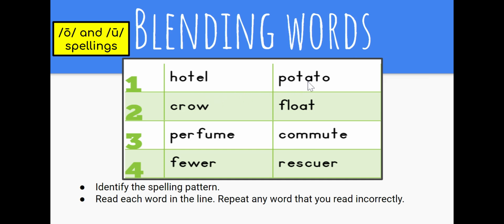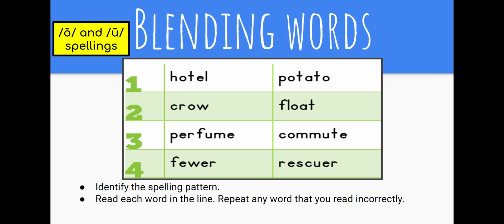Let's start in line 1 and then move down to line 2. Here we go, Kipsters. 1, 2, ready, read. Hotel, potato, crow, float. How did you do reading those words? If you made a mistake, Kipsters, go back and try to read the word again on your own.